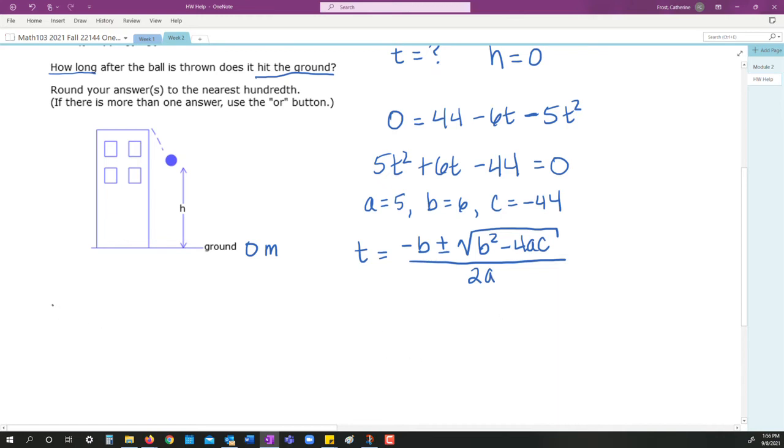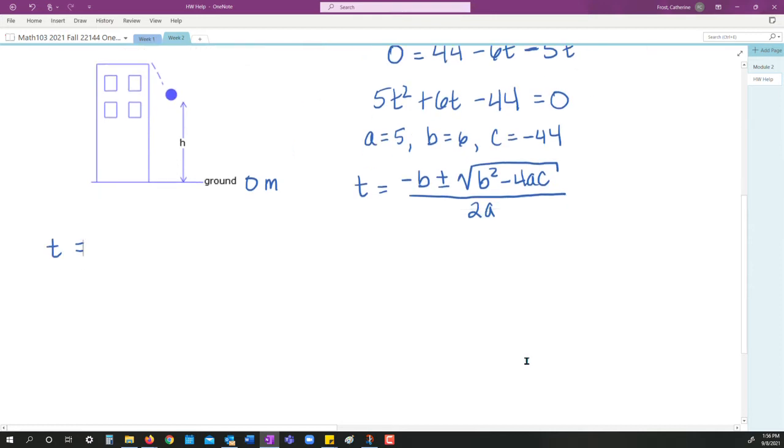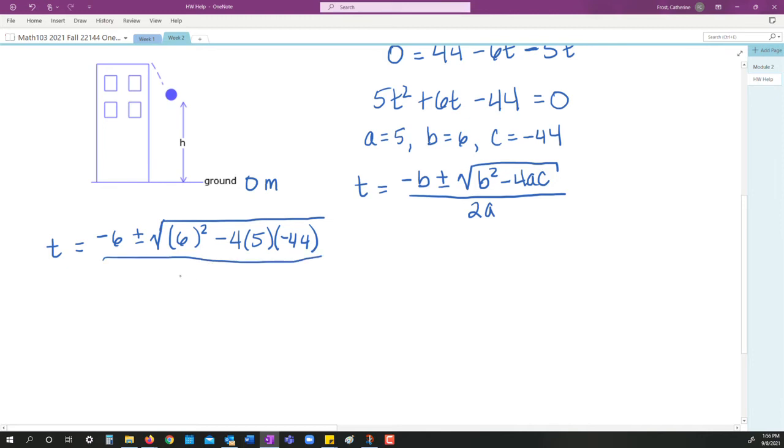So t equals, b is 6, so we're going to have -6 plus or minus square root 6 squared minus 4 times 5 times -44, all over 2 times 5.